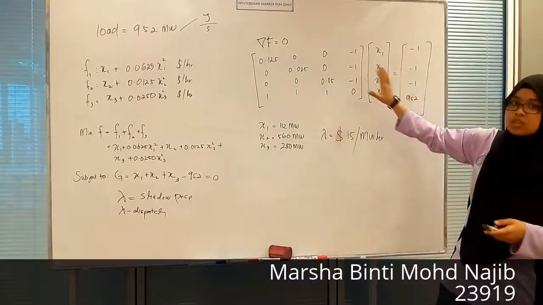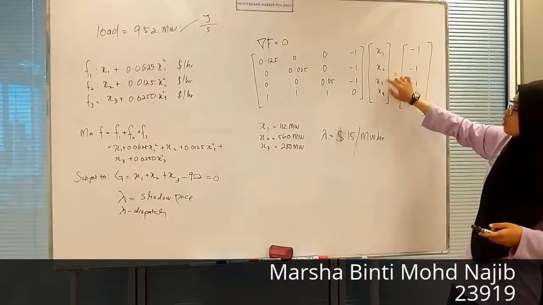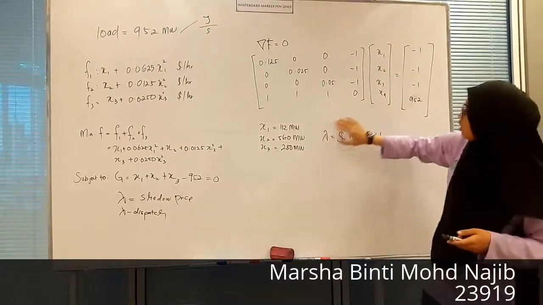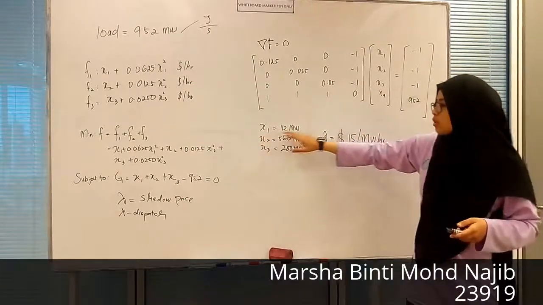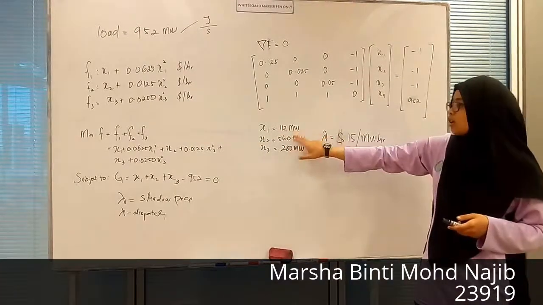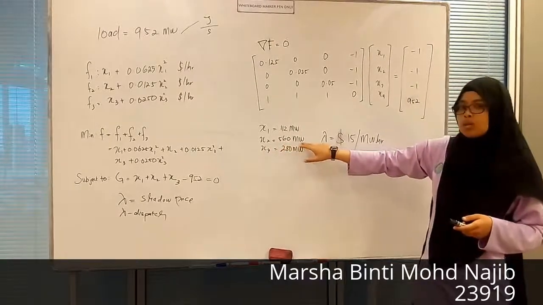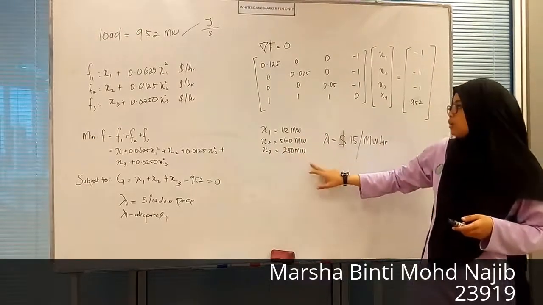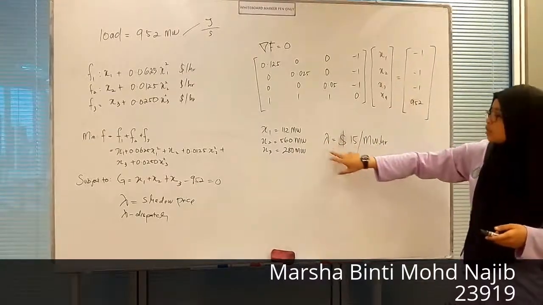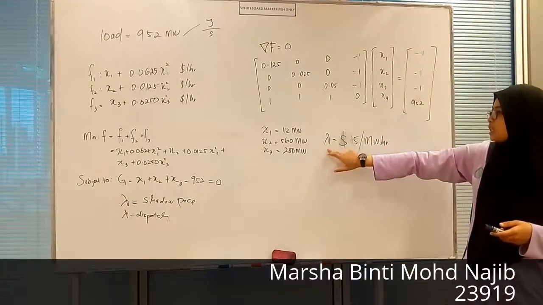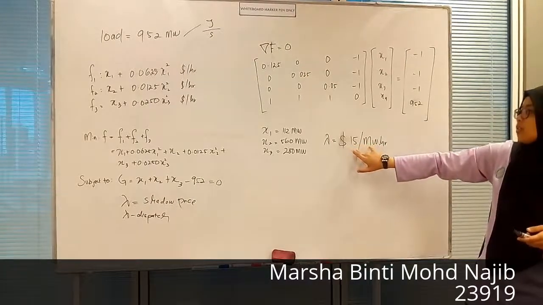When you solve this system of equations, you find x1, x2, x3, and lambda. You will have x1 of 112 megawatts, x2 of 560 megawatts, x3 of 280 megawatts, and lambda is $15 per megawatt per hour.